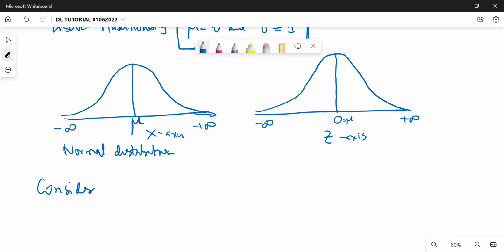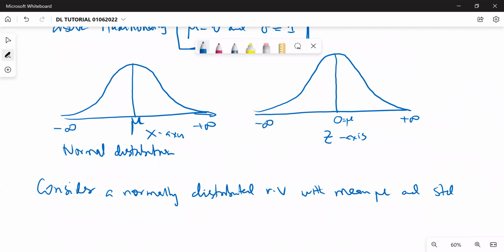Consider a normally distributed random variable with mean mu and standard deviation sigma.